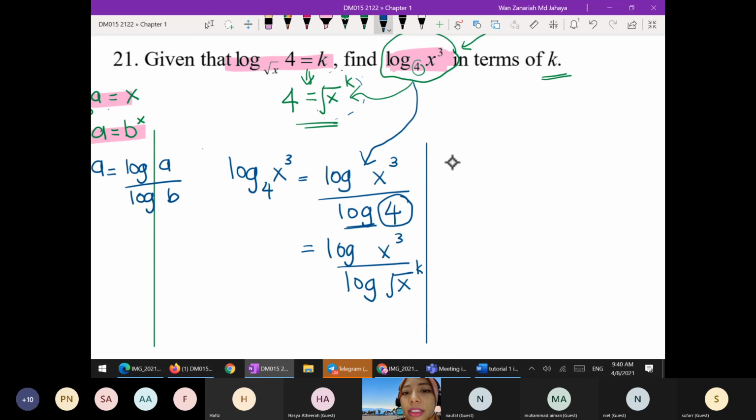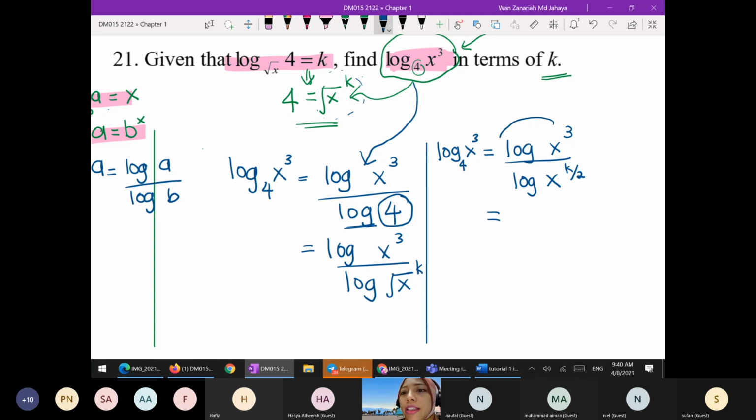So ini tadi adalah also log x cube over ni ada 4 ni, dia adalah log x to the power of 1/2 which is darab dengan k, dia jadi k over 2 lah. Boleh tak semua? Tulis balik cantik-cantik, dia adalah x k over 2. K over 2. Okey, lagi?